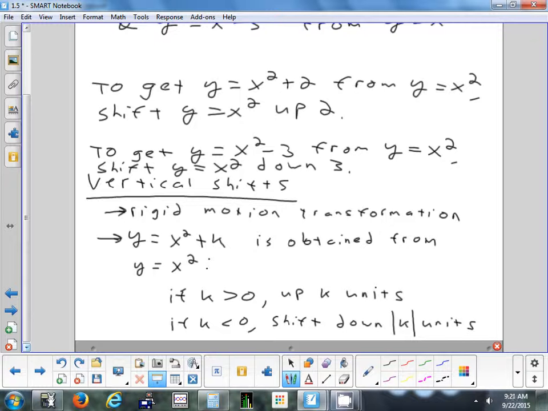Down takes care of the negative. Shift down 4 units, not down -4. Just like you wouldn't say shift up -2 units. You just say shift up 3 units, or whatever it is.